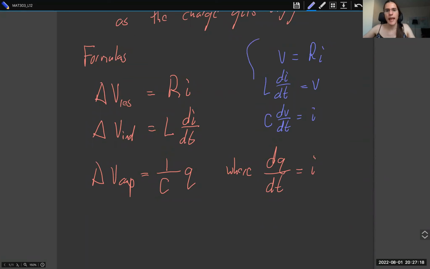So you can see there's a duality between inductors and capacitors given by these equations. These are dual.